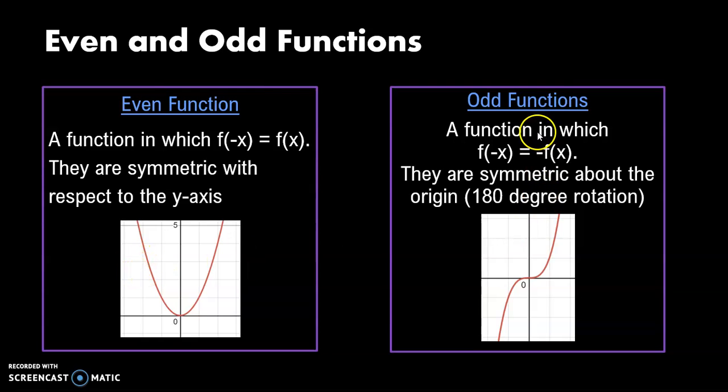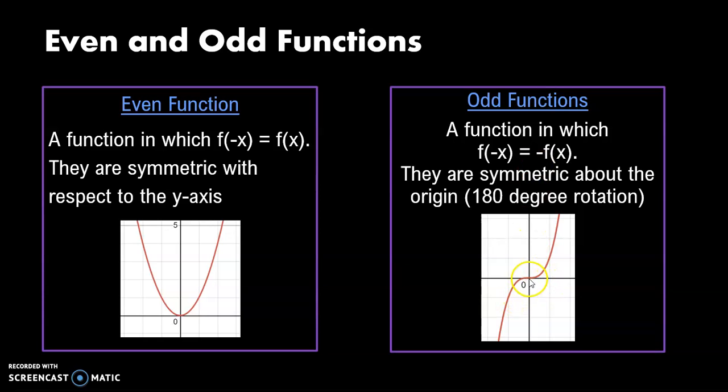An odd function is one where when I evaluate for a negative value, it's the same thing as multiplying the entire function by -1, meaning every single sign for every single term is going to change to what it wasn't. So if it was positive, it's changing to negative. If it's negative, it's changing to positive.